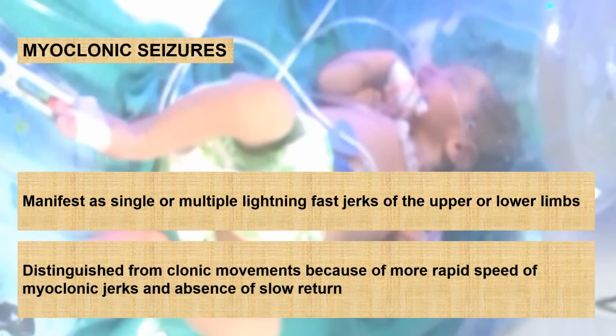We can distinguish them from clonic movement because of the more rapid speed of the myoclonic jerk and absence of the slow return. While in clonic movements, comparatively, they are slow and the return will be slow in the clonic jerk.